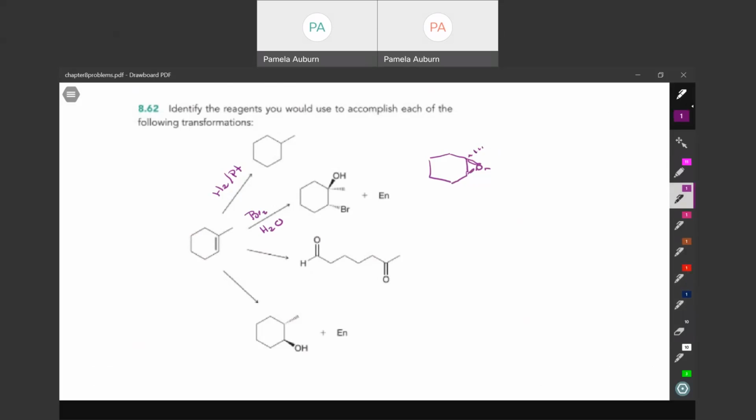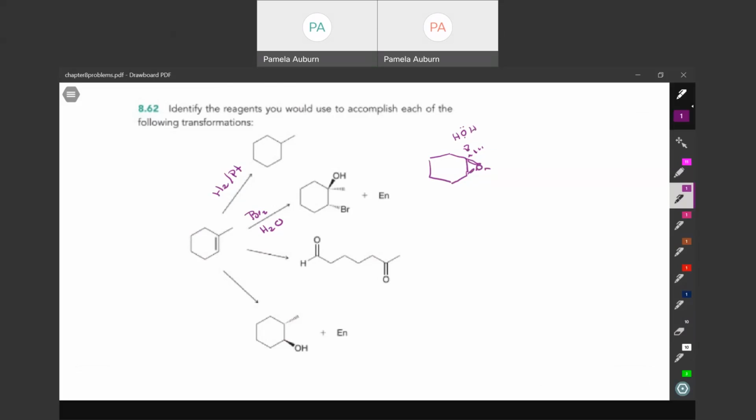So the water is going to come in, and then the bromine is going to release. And that water coming in is coming in SN2-like, so that now I'm doing the other enantiomer.